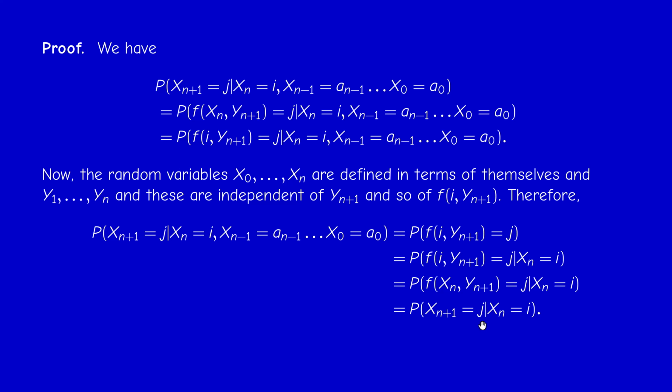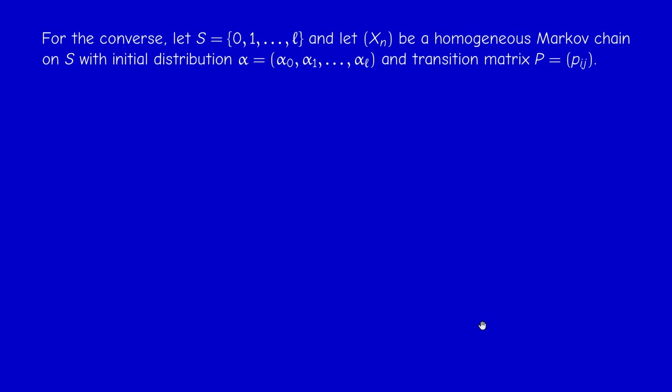Okay. Now the converse is more interesting. So since S is finite, we can call it 0, 1, up to L. And suppose that Xn is a homogeneous Markov chain on S with the initial distribution given and the transition probability matrix. Okay. What do I have to prove?